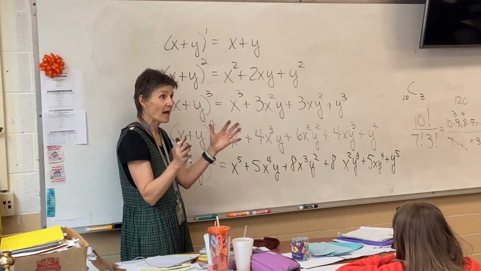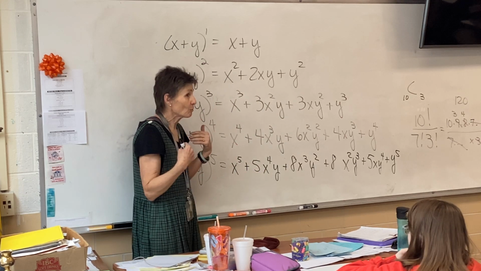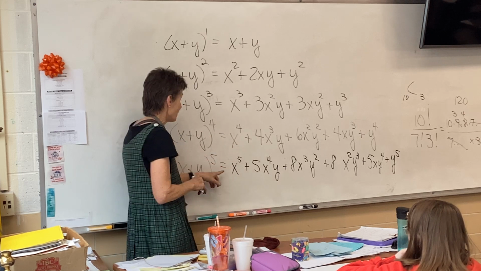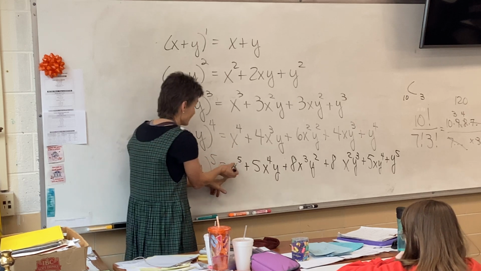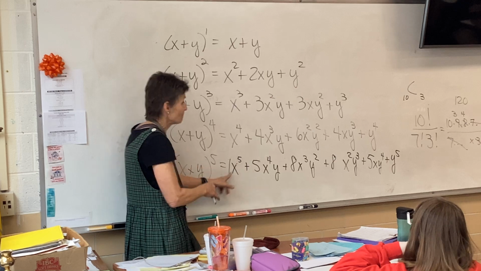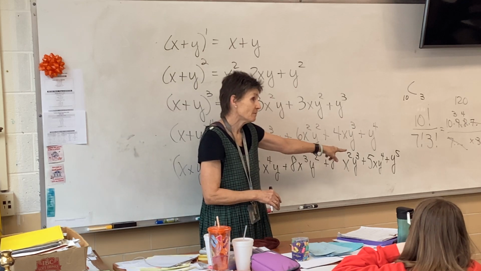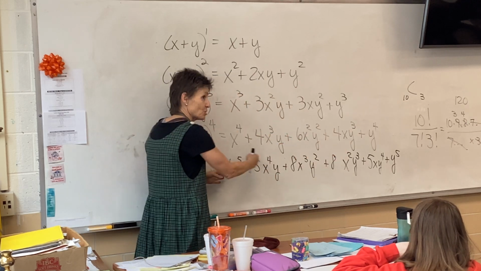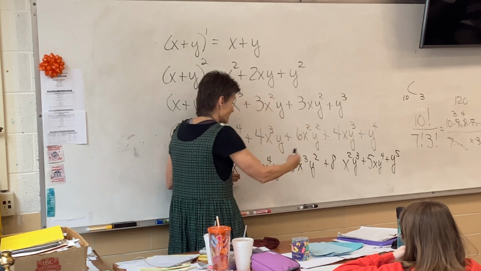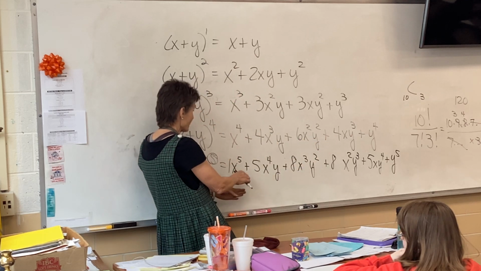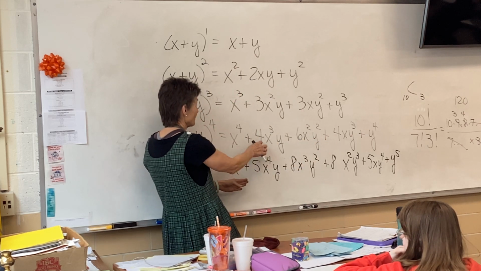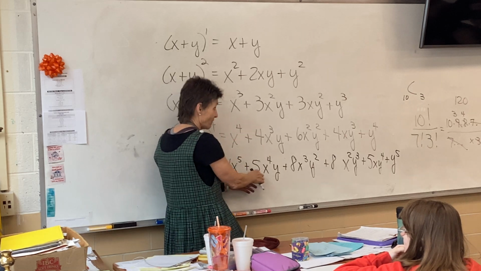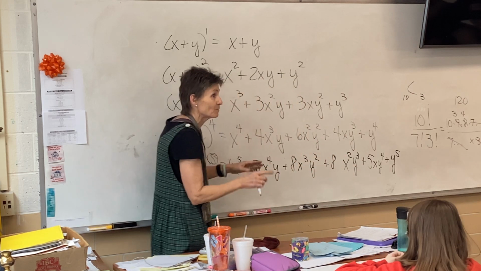Okay, everybody good with that? We are in agreement, I think, across the board, that we're starting with a 1 x to the 5th, and ending with a 1 y to the 5th. And then the next term, both ways, is whatever that power is. So since this was the 4th, that's a 4, this was a 3, this is gonna be a 5, and that's gonna be a 5, right? Are we in agreement?